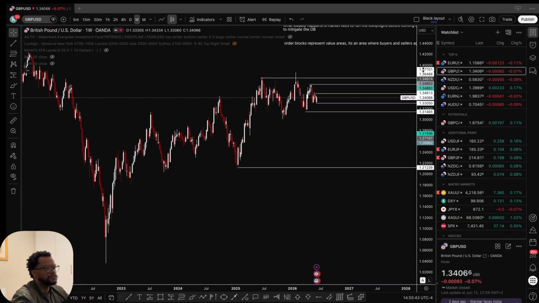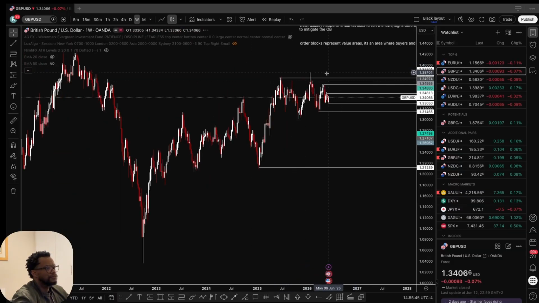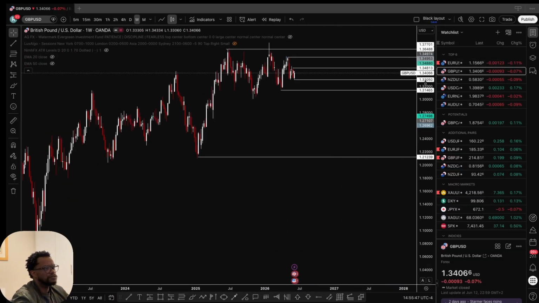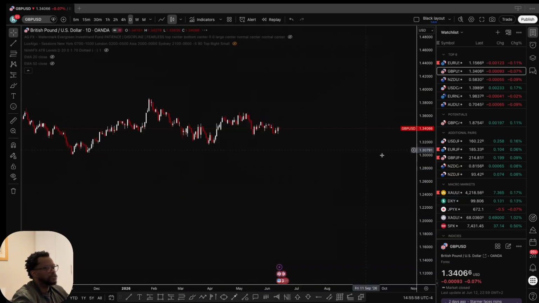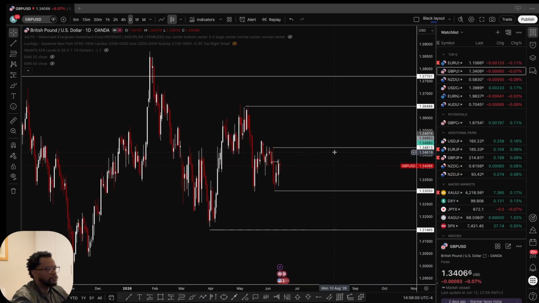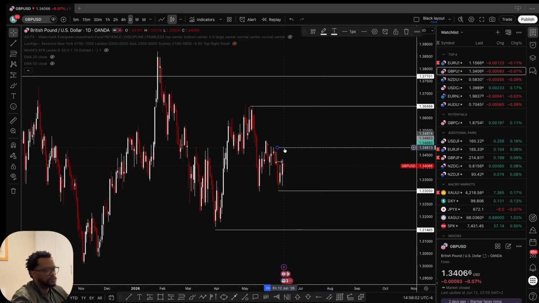Let's see if pound's positioned well. Obviously also playing the structure similar to euro dollar, corrective structure. I'm not gonna spend too much time because it's a mirror image of it. Corrective structure. Going back to the daily, you can clearly see we are playing the daily structure, the daily high, daily low, bit of a corrective structure.